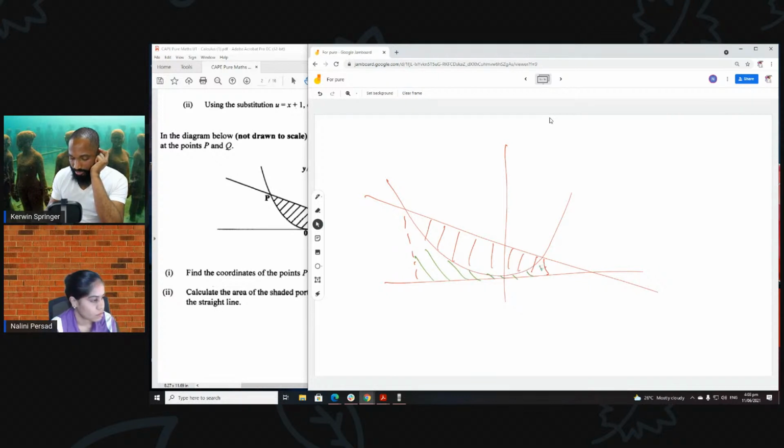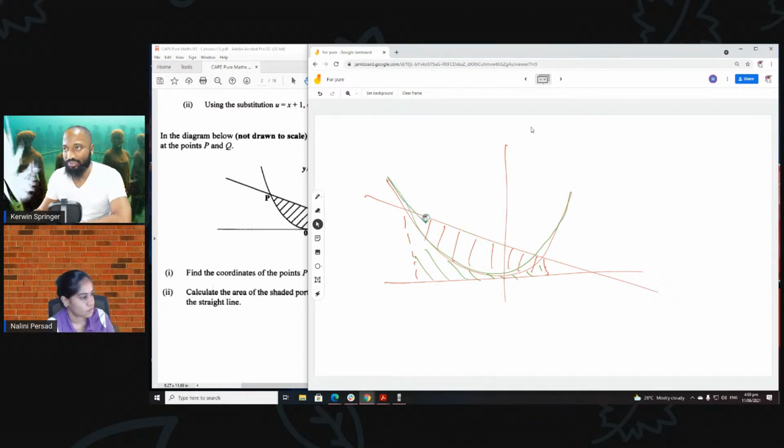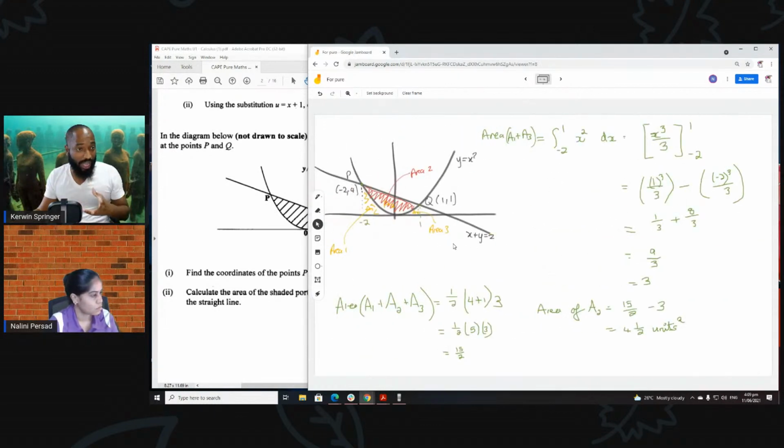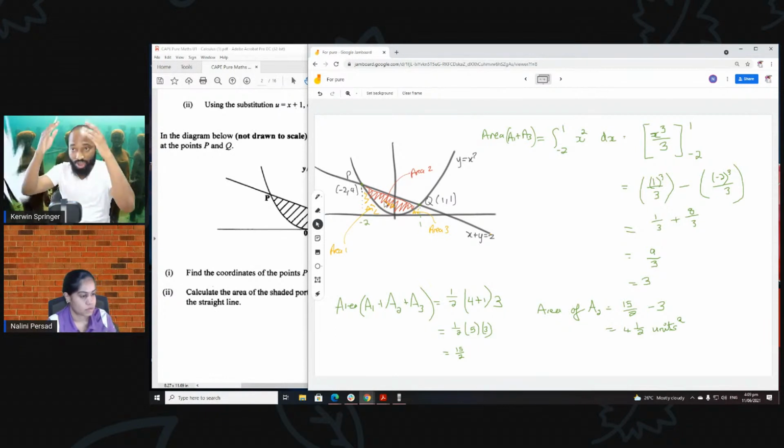But we can find the area of this part, which is what they want, by taking the area of the whole trapezium minus the area underneath this curve. That's the only tools you really have now. The tools you have in pure maths are finding the area underneath a curve and finding the area underneath a line. So if they want the area trapped between a curve and a line, or a curve and a curve, you need to find the area underneath both.